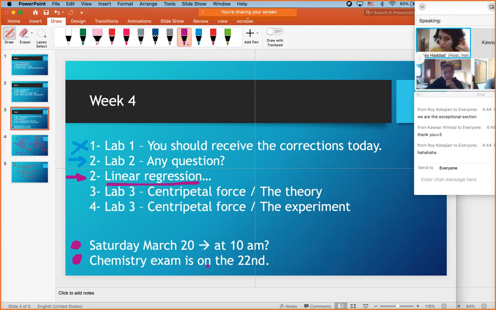The 6 sections and 2 instructors, and so far the best timing was Saturday, March 20. I was pushing for afternoon because I have an actual lab at 11 regular, and then some students were asking to move it down to 10 a.m. because they have a chemistry exam on the 22nd, and they don't want to lose all of the Saturday. At 10 on March 20.